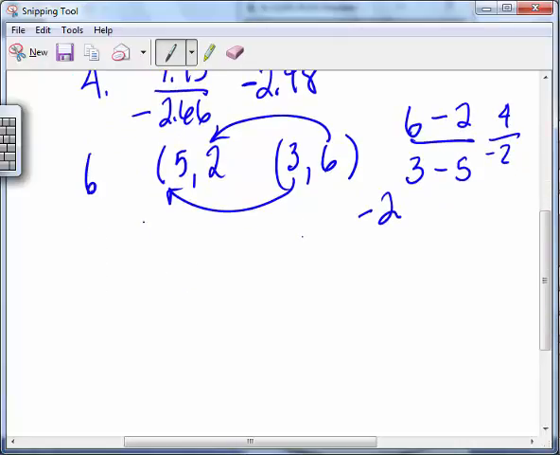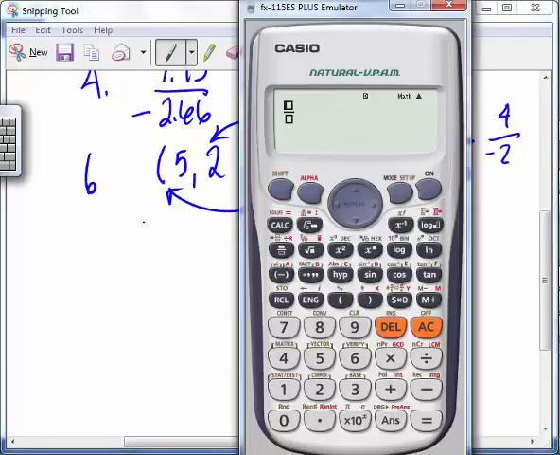Number 8. I think the best way to do that one would be on our calculator, since we're going to have to do some pretty intense subtracting anyway. 2.69 minus negative 3.64.